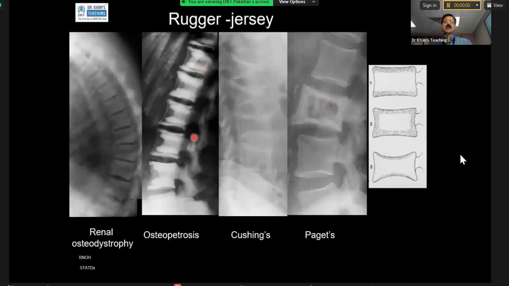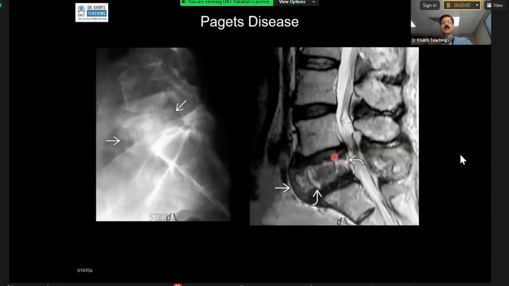There are others, Rugger-Jersey spine. This one is renal osteodystrophy, where you see, again, Rugger-Jersey spine, etc. This is Cushing syndrome, where you find osteoporosis and sclerosis. In Cushing syndrome, a lot of new bone or exuberant osteoid tissue can be formed. But the main point here is the picture frame vertebra.